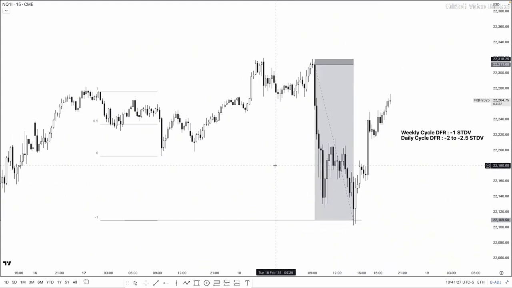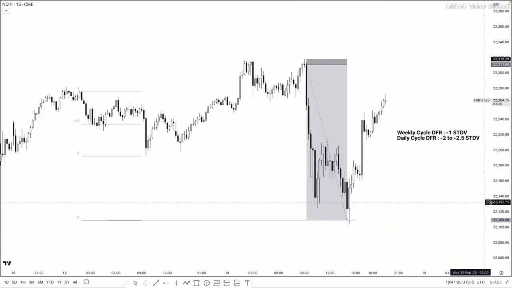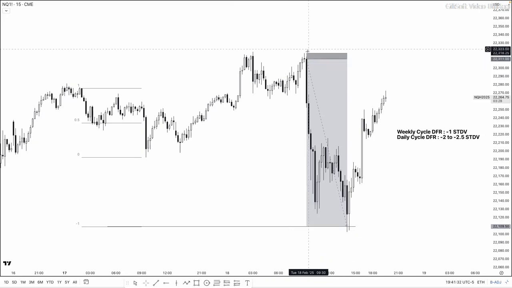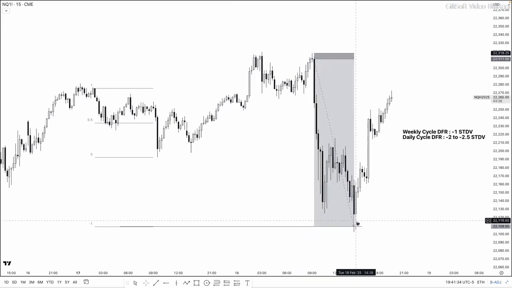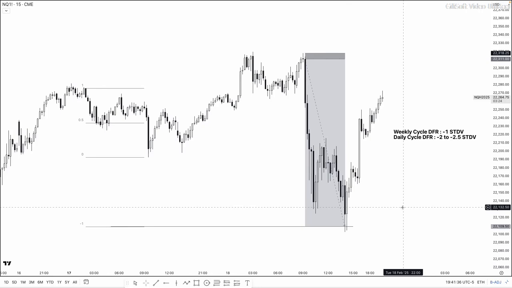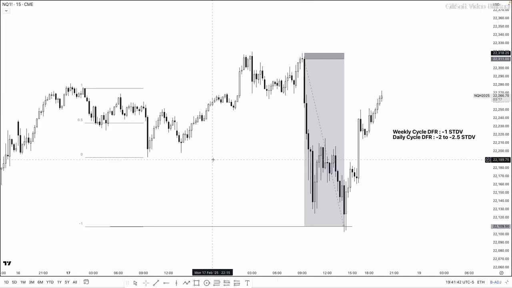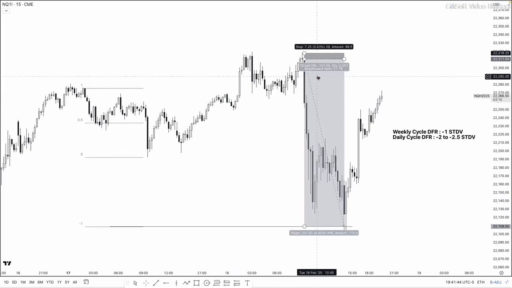It's almost unfathomable, but it's right here. And this is the entire range of the day, just like that, with precision. So that is how I approach the day, and how you could have approached the day as well.